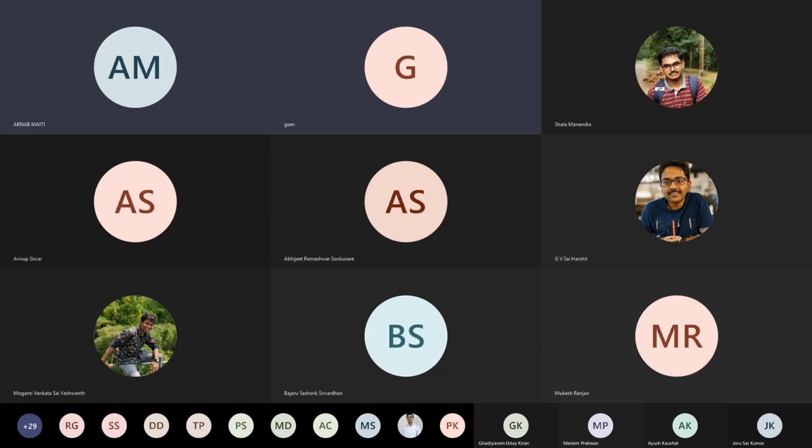Similarly, 0 plus 100 is less than m, so we'll replace it by 100. Then we'll choose the vertex which has the least value for now. This one is done, so we'll strike it off. 30 is the least value, so we'll choose 3. So 30 plus 60 is 90. So we'll replace m by 90 here.